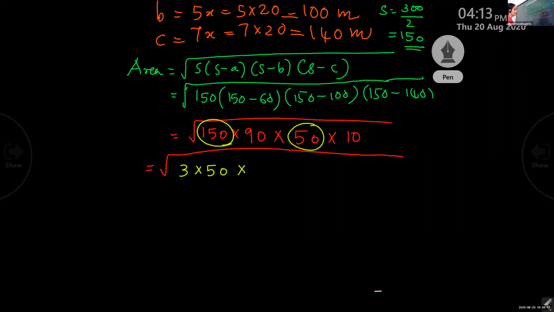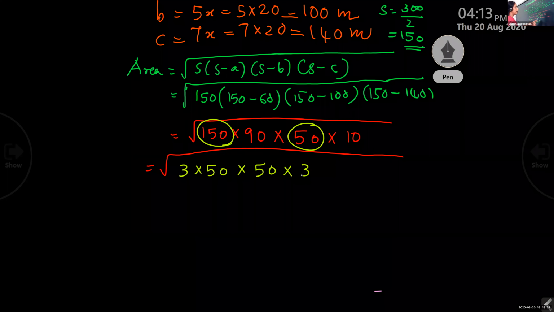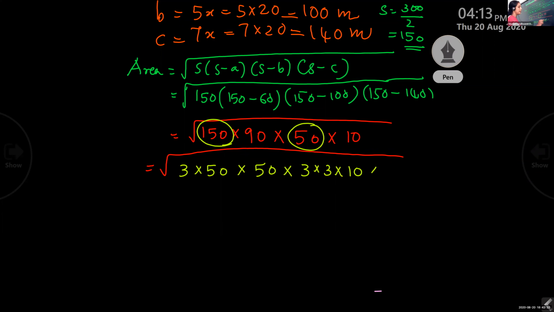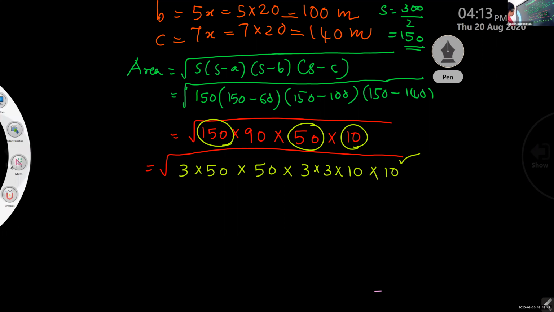150 is already there. The 90 I can split as 3 into 3 into 10. Correct? Because 10 is already there.